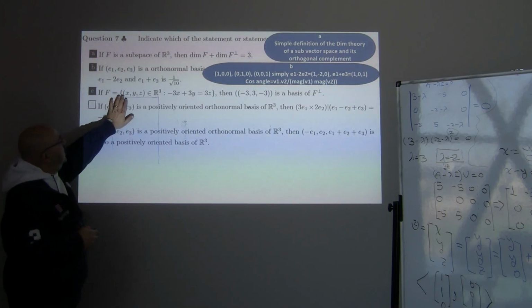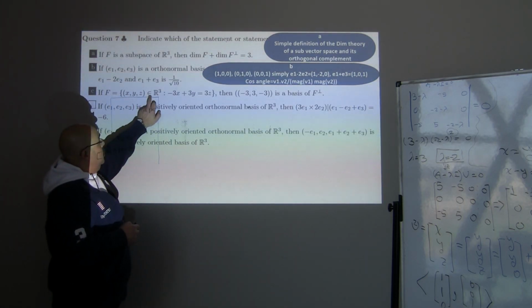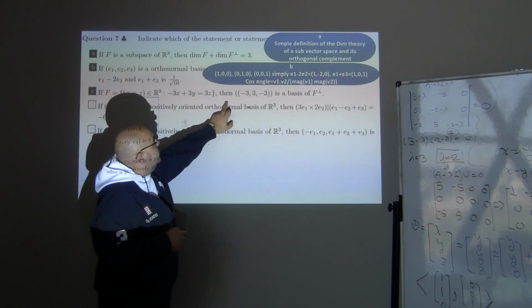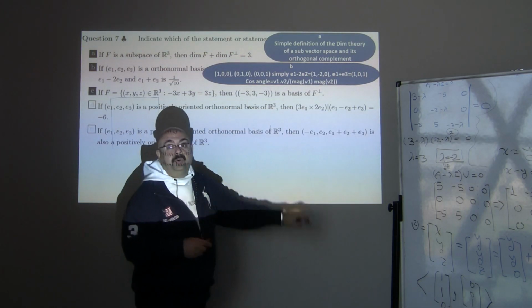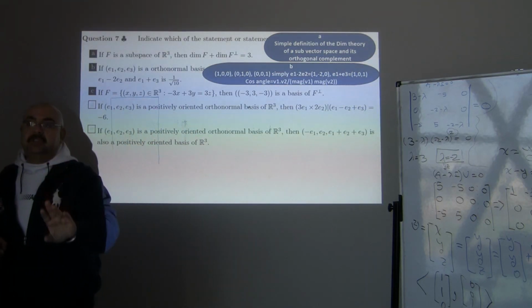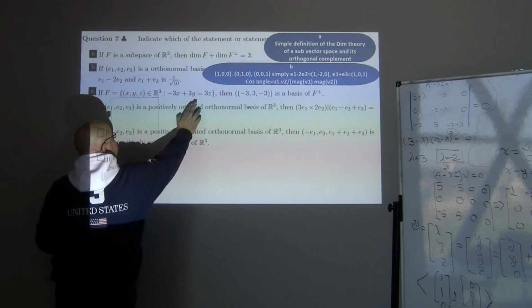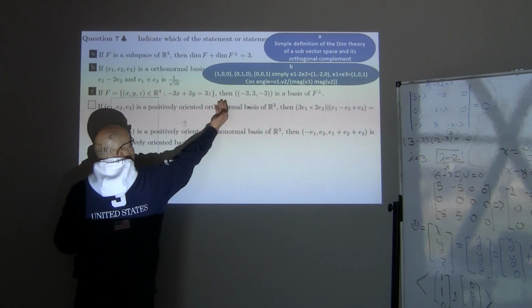Okay, if F is the set of (x, y, z) that belongs to R3 such that negative 3x plus 3y equals 3z, then (-3, 3, -3) is a basis for the orthogonal complement. That's a direct question. All I have to do is put the condition as equal to 0. So I'm moving 3z from the right to the left.